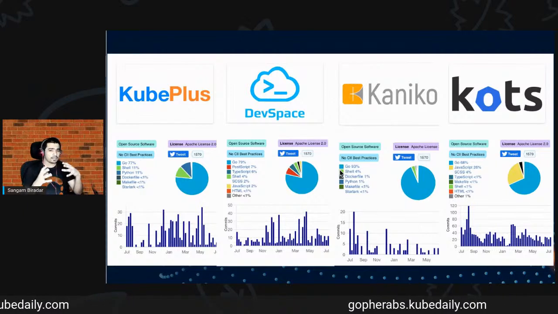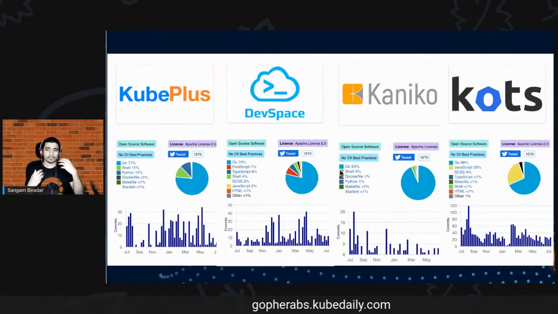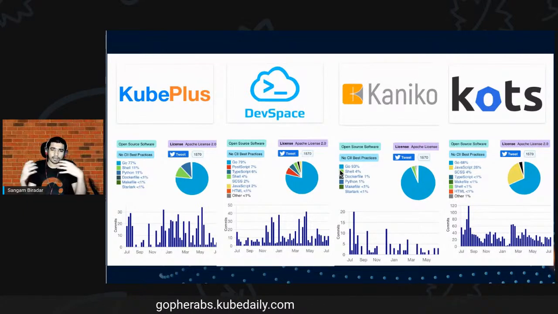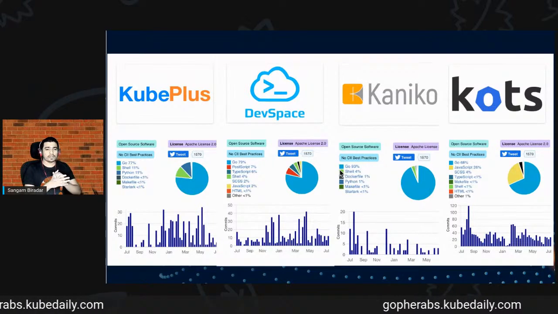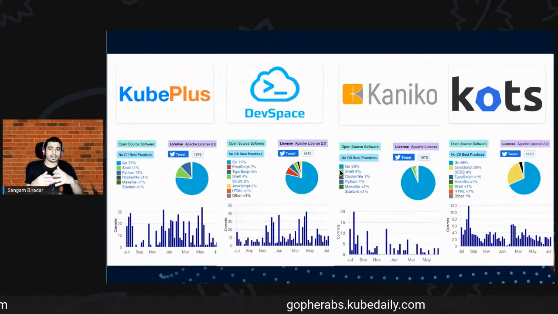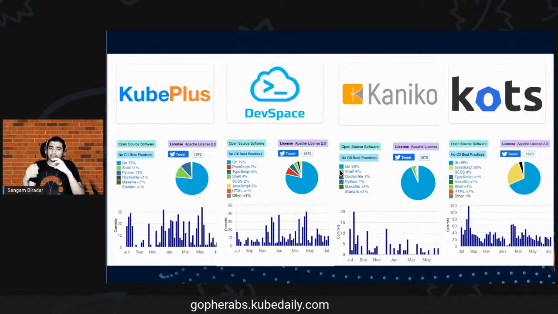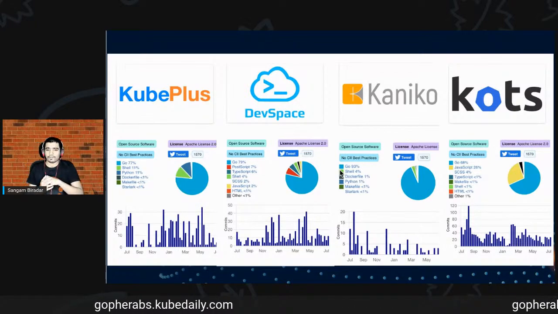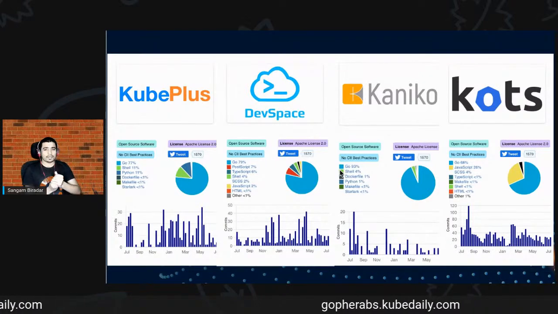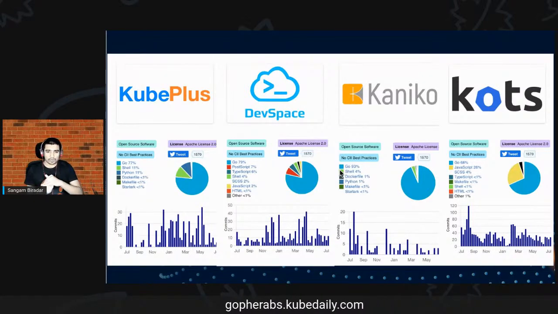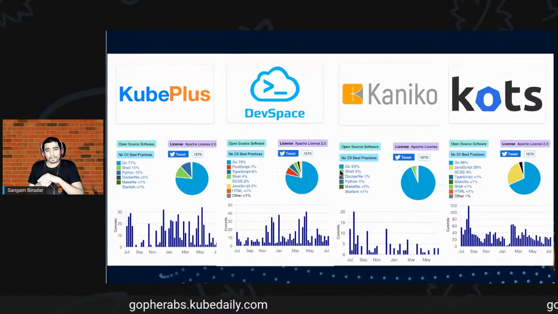DevSpace gives you a free cluster where you can spin up your namespaces and try things out, deploy your manifests or your Kubernetes application. Another is Kaniko, a tool from Google.